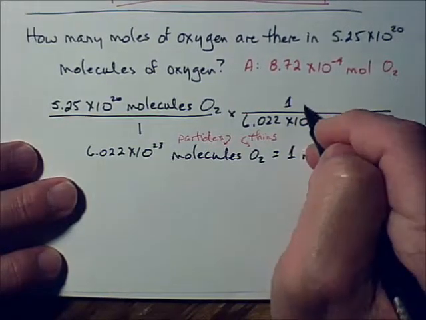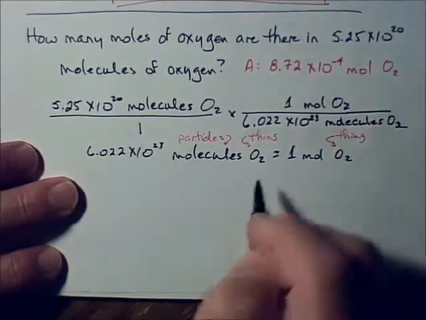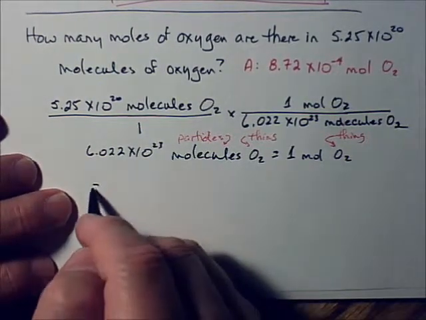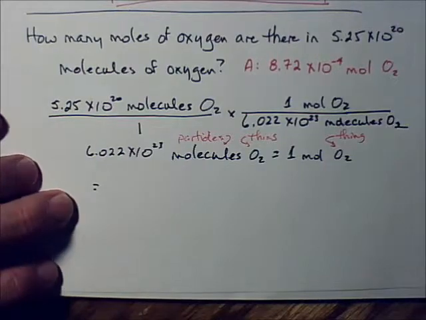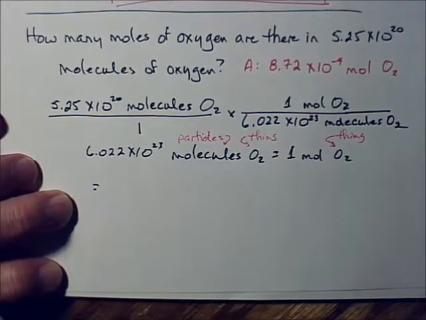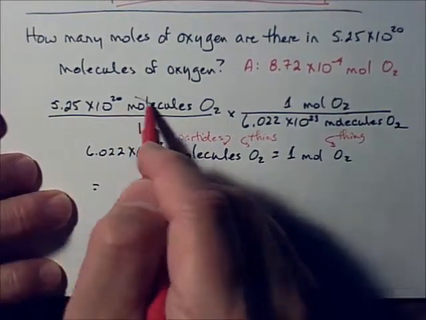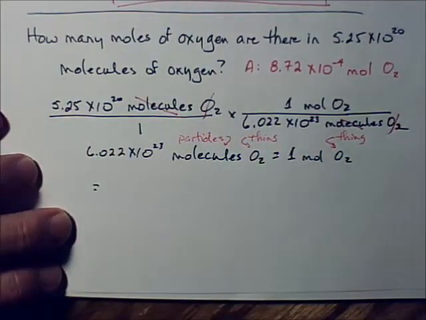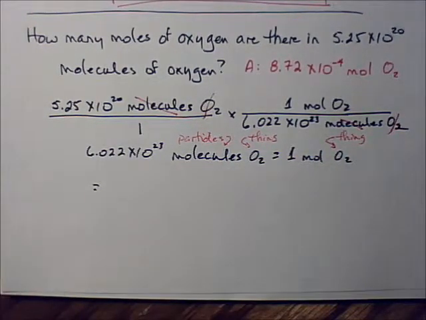The other side of the equality statement goes on the top. What do I do before I solve for the problem? Got to cancel. Alright, now we're ready to do the math.